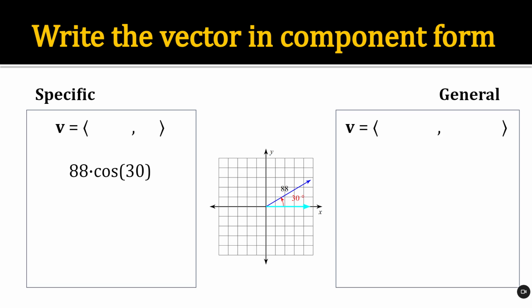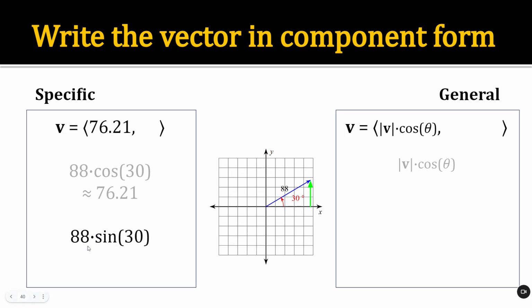It's not always going to be 88, and it's not always going to be 30, but it's going to be whatever the magnitude is times cosine of whatever the angle is. I calculated it and got about 76.21. You don't have numbers to work with, so your first component is just magnitude of v times cosine of theta.